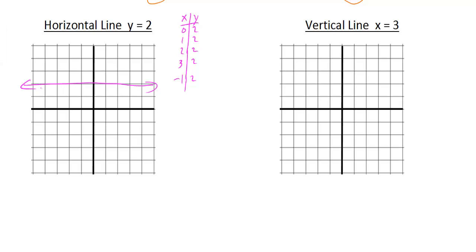Now, what is the slope of this line? Well, we could easily calculate this if we were to pick 2 points, and I'm going to go ahead and pick (1, 2) and (3, 2).